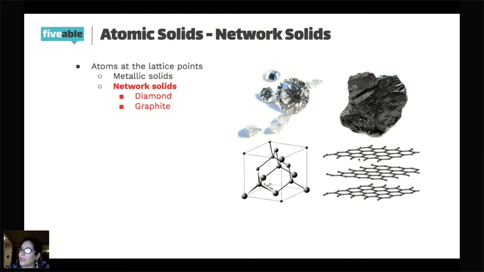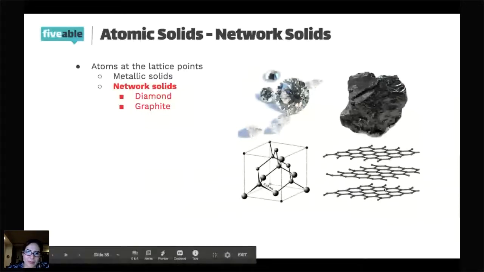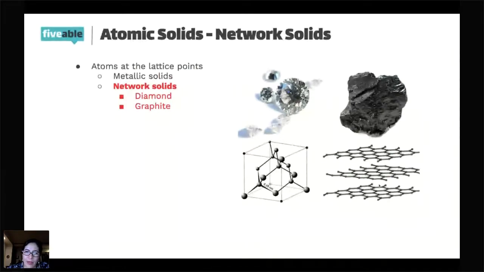So with this reasoning in mind, do you think it would be very easy to break diamond apart or very hard to break it apart? Exactly, it would be very hard to break a diamond apart. But what about graphite? Would graphite be easy to break? Think of the intermolecular forces right here.